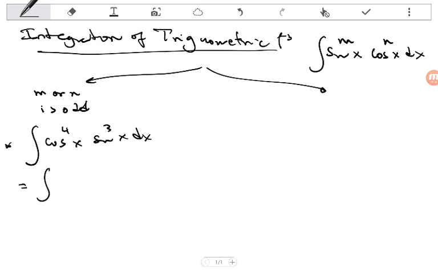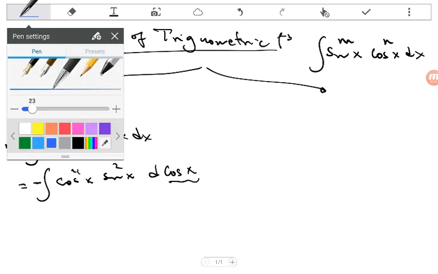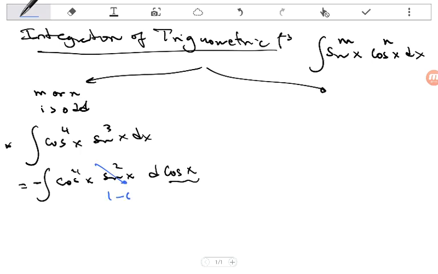So how could I do it? Cosine power 4x sine squared x, and one of them will be cosine x, with the minus. What should I do now? I just need to express all the integral in terms of cosine x. Okay, I can call this y. How could I express sine squared in terms of cosine? 1 minus cosine squared.